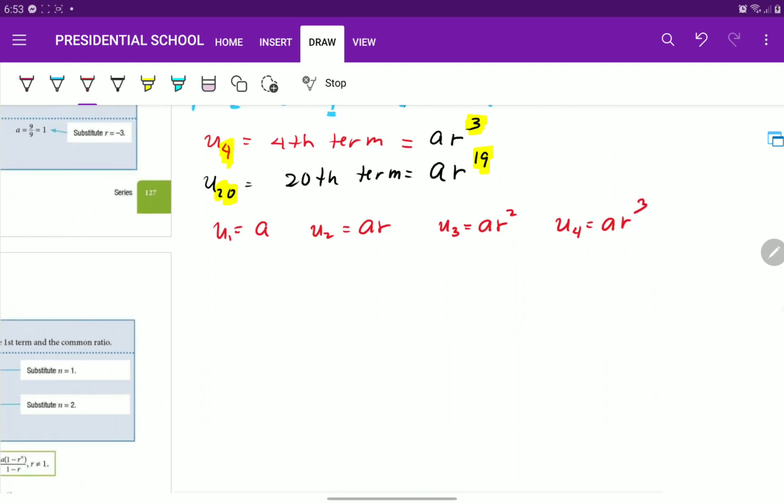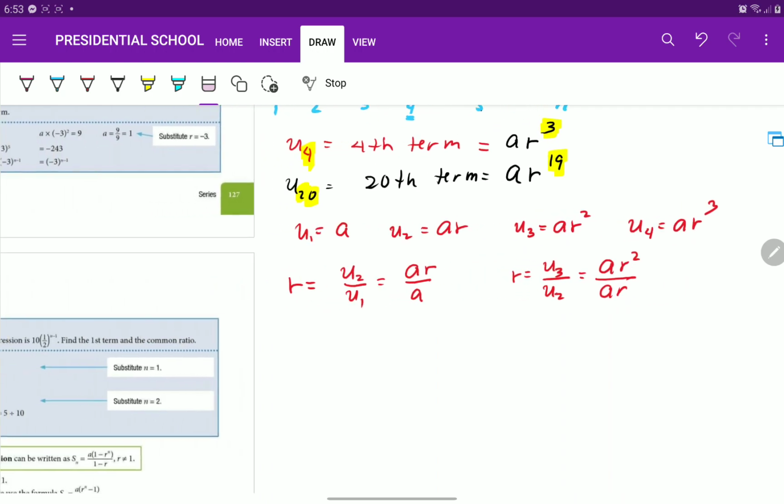For you to be able to get the ratio, R is equal to u2 over u1, which is basically AR over A. See, you can cancel the A. And that R is also equal to u3 over u2. Look at that, which is AR squared over AR. When you cancel this, that will also be your R.